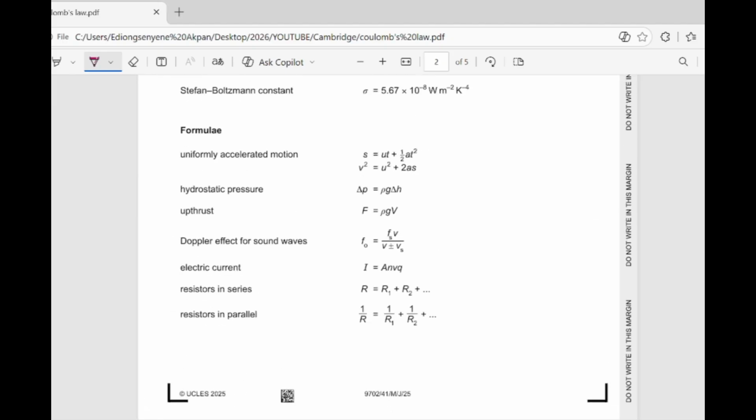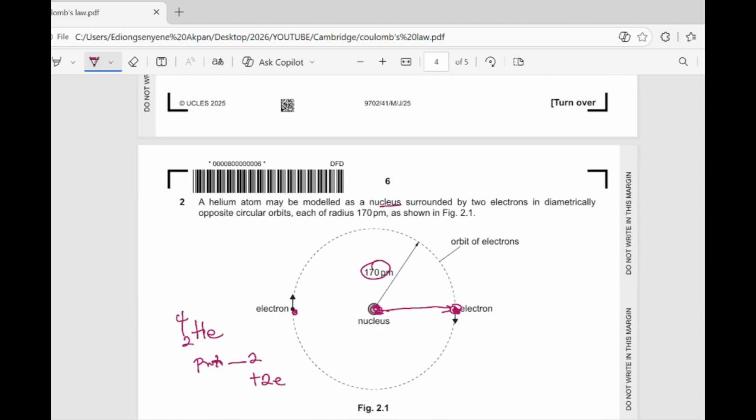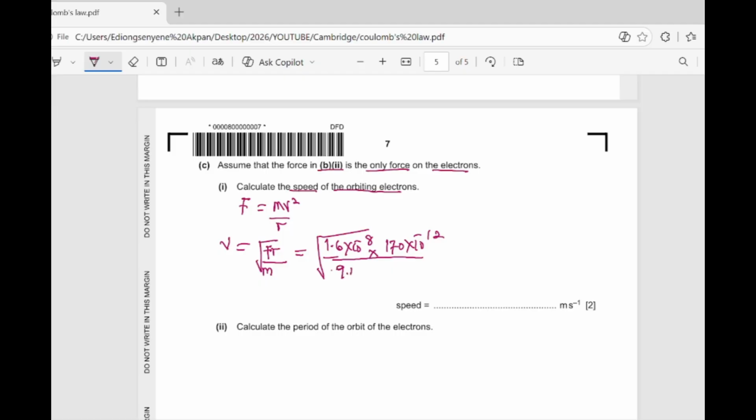Mass of electron is given as 9.11 times 10 raised to the power of minus 31. You kindly take note of it. Now, this will give us 1.73 times 10 raised to the power of 6 meter per second.